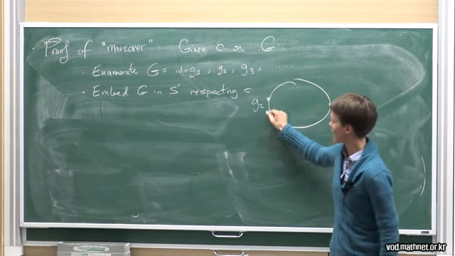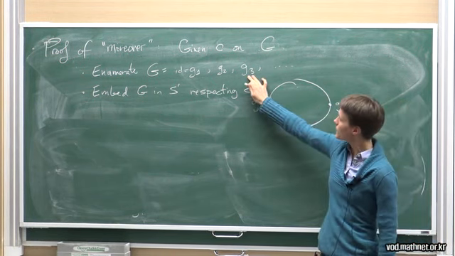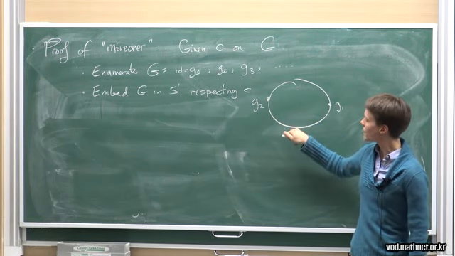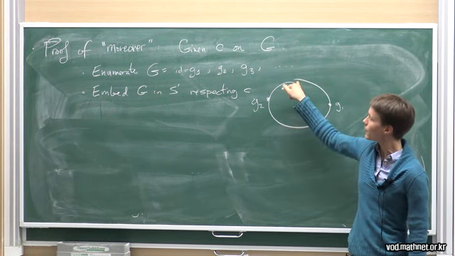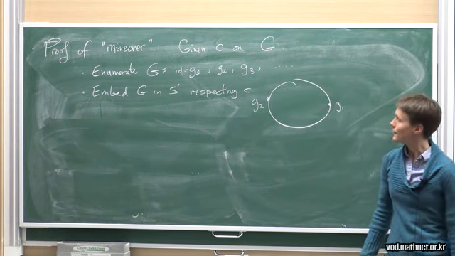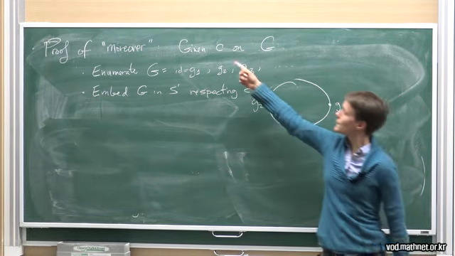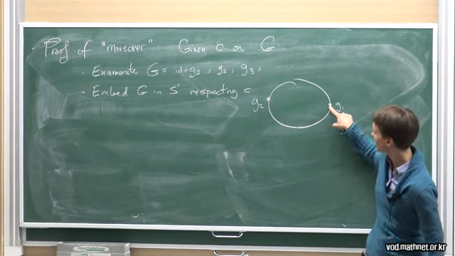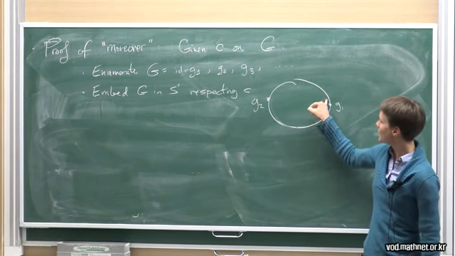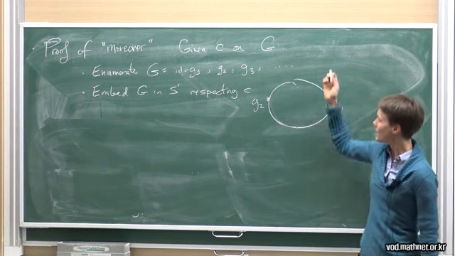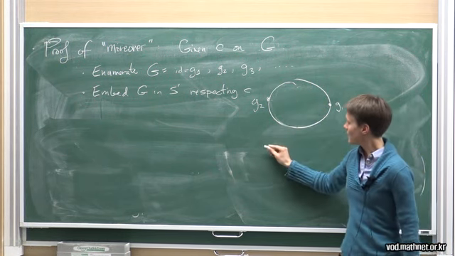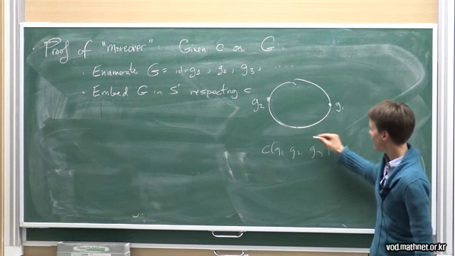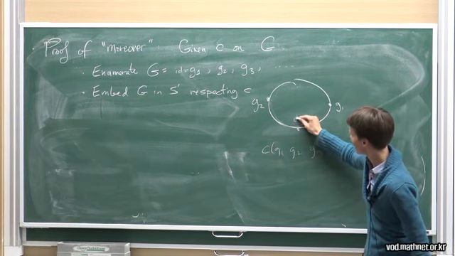Great, G2 goes there. And now I get to my third point, and I know that the triple G1, G2, G3 is either positively or negatively oriented according to my circular order. If it's positive, I'll put it in the midpoint of this interval. And if it's negative, I'll put it in the midpoint of this interval. So maybe if C(G1, G2, G3) is 1, I'll put G3 right here.